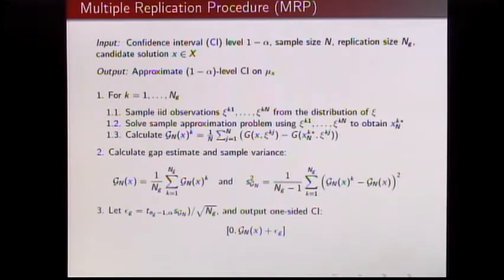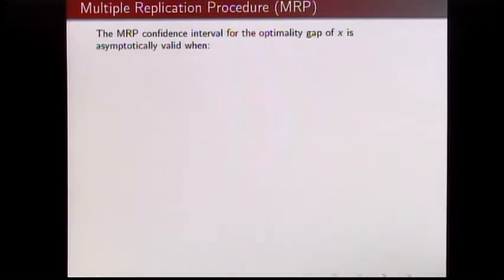There's some typo there. And then I create a confidence interval. This is the sampling error: the t distribution quantile times the standard deviation estimator divided by square root of ng. All right. I think I've talked about this.